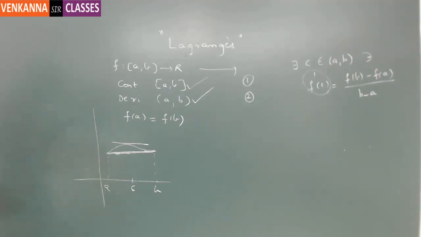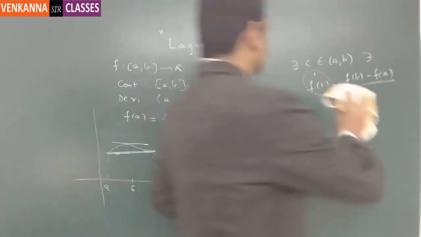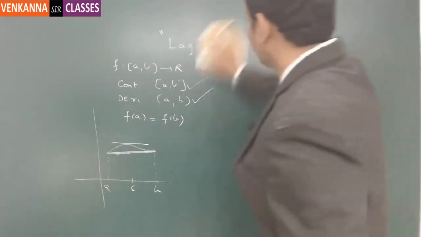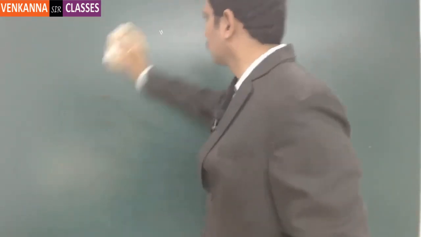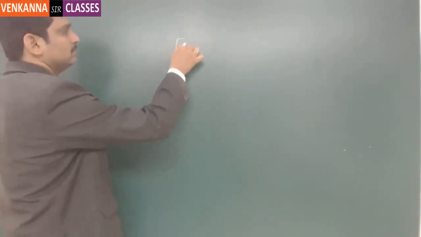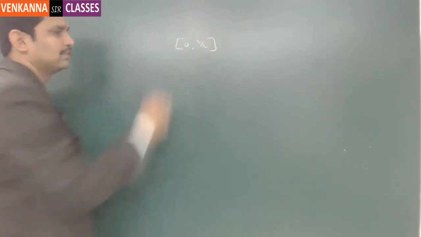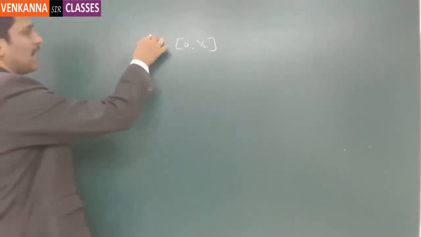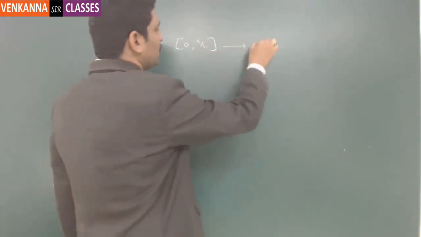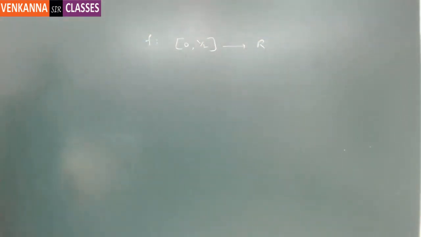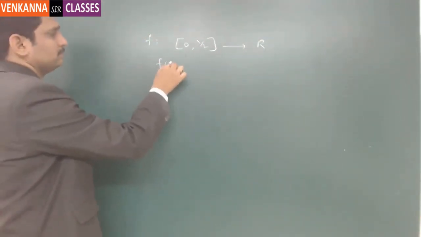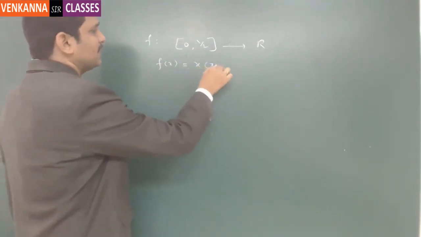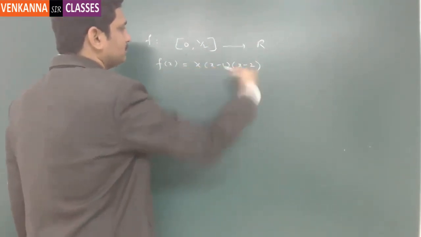I will make space here. So you consider the interval 0 to 1 by 2 and f from 0 to 1 by 2 to R defined as f of x is equal to x into x minus 1 into x minus 2.